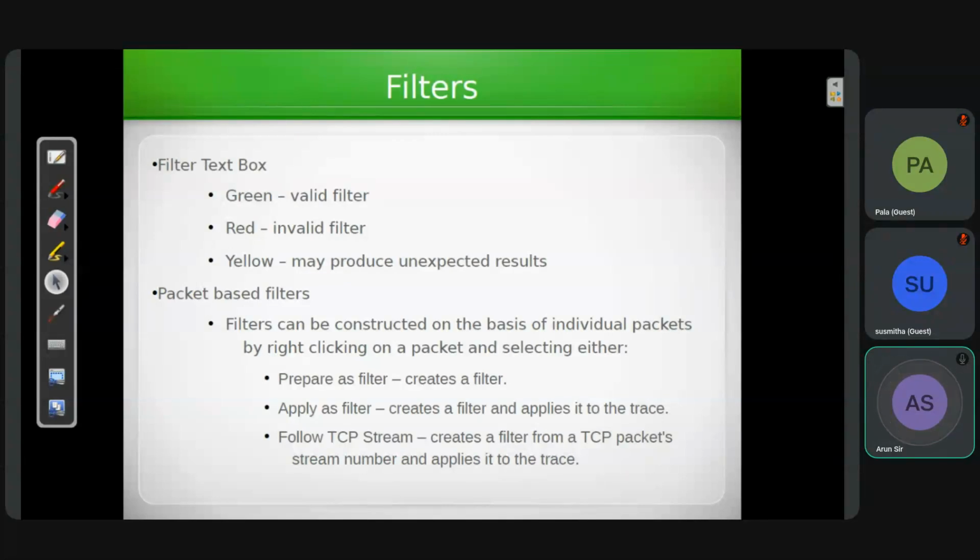If the filter box is green, that means you are typing the correct query. If it is red, somewhere you have missed the proper query structure, so the condition you are writing is not proper. And yellow means it may give you some unexpected results because you are not filtering it properly.